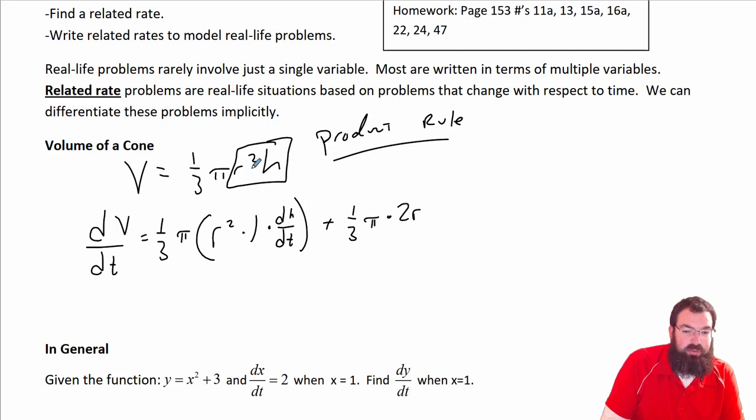But because I took the derivative of r with respect to time, I do the power rule like I normally would, but then I have to multiply by dr dt, and then times that h.